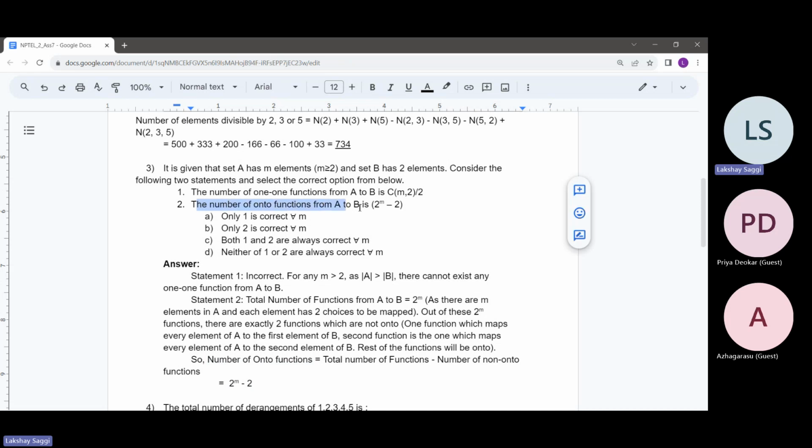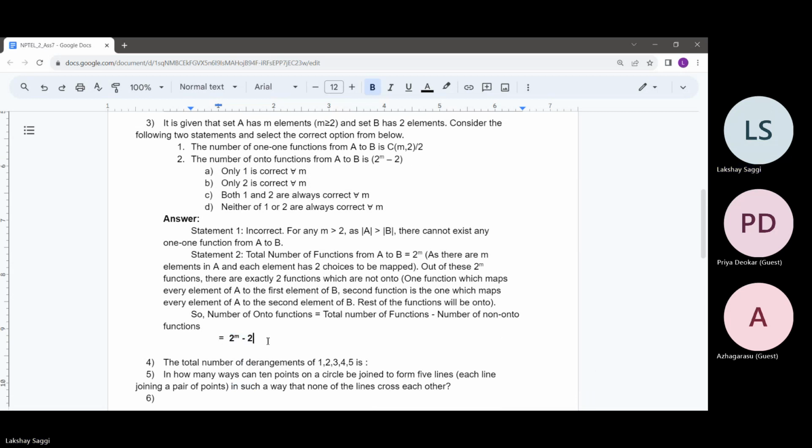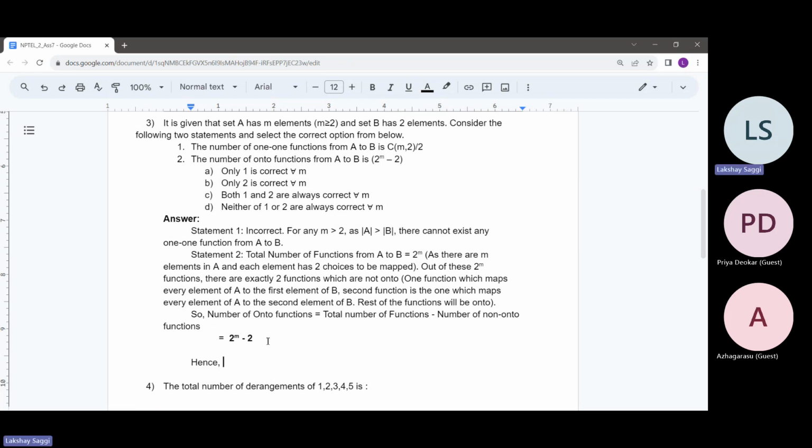And this is precisely what statement 2 is saying, the 2 raised to the power m minus 2 claim. So statement 2 actually is correct. Statement 1 was incorrect, but statement 2 was correct.